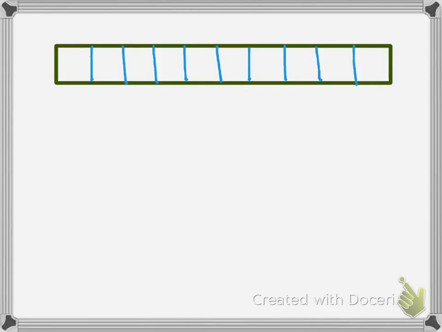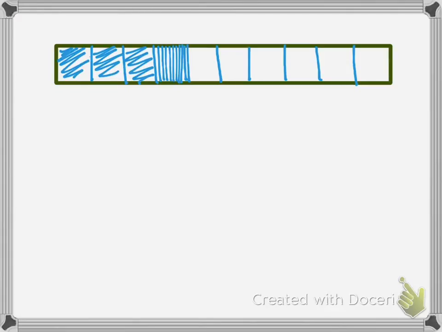Now I'm going to go ahead and shade. And then I'm going to count 1, 2, 3, 4, 5, 6, 7, 8, and I'm going to cheat and do one more at the end there, 9. 1, 2, 3, 4, 5, 6, 7, 8, 9, 10.